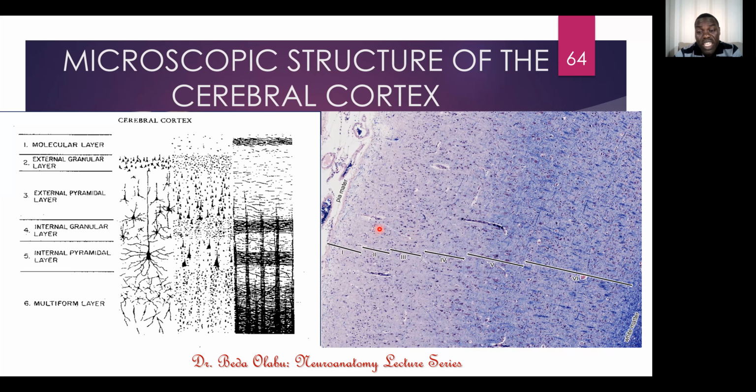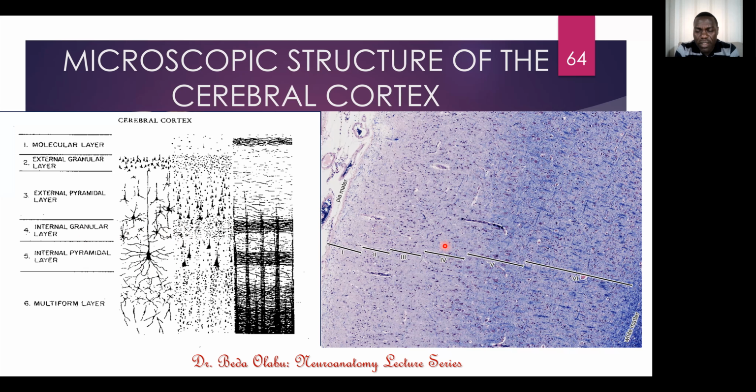Layer 2 is an input center for the same type of fibers. Layer 4 is called the internal granular layer. The inner granular layer is the cortical input center.